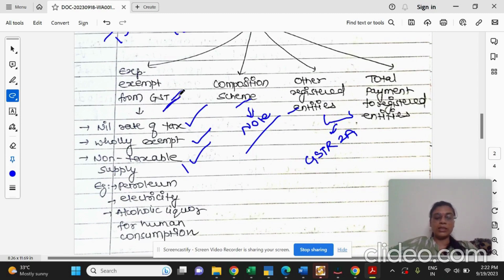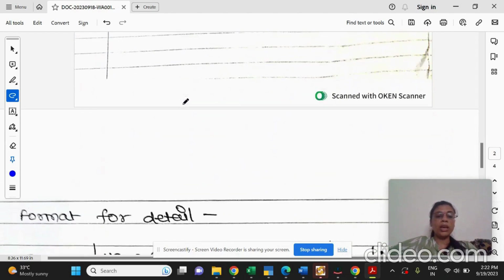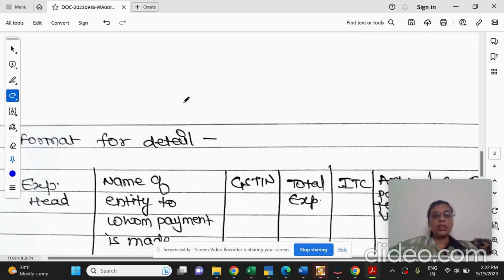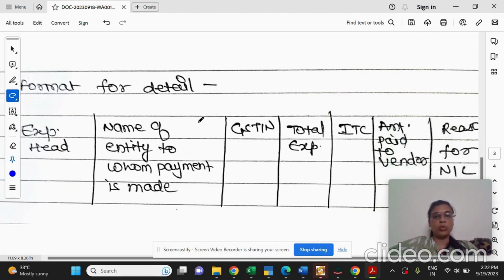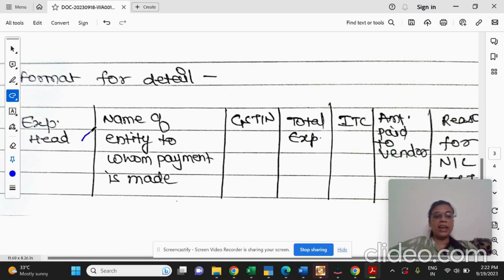Okay, so you can ask for working from the client in such a format that makes it easy for you to determine. So the expense head, and then the name of the entity to whom the payment is made, its GSTN. If GSTN is provided, that means it is a registered entity. If it is not provided, it is an unregistered entity.